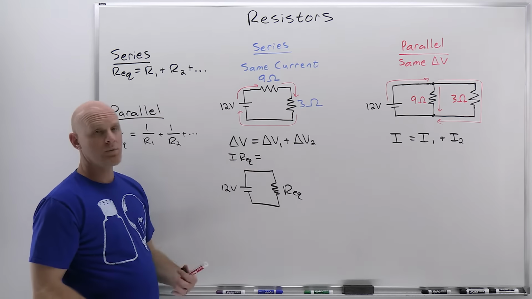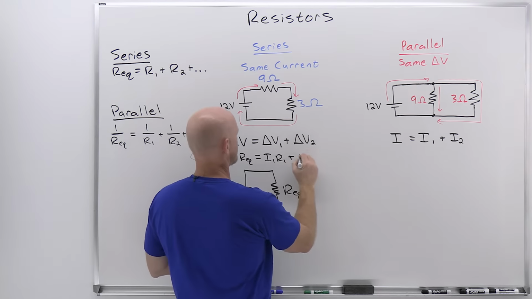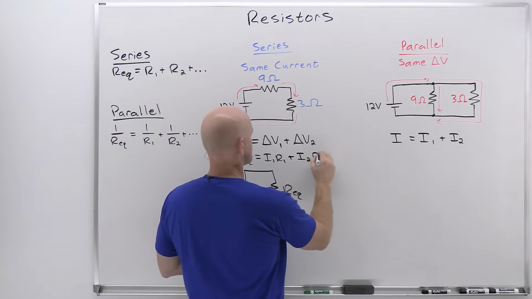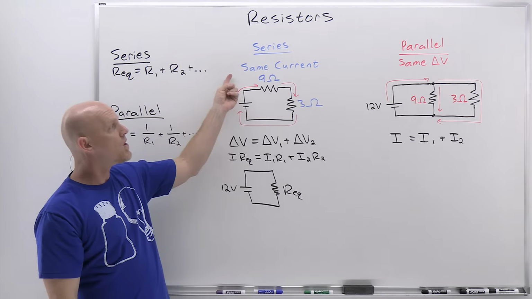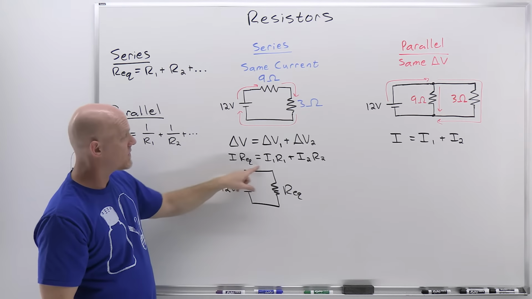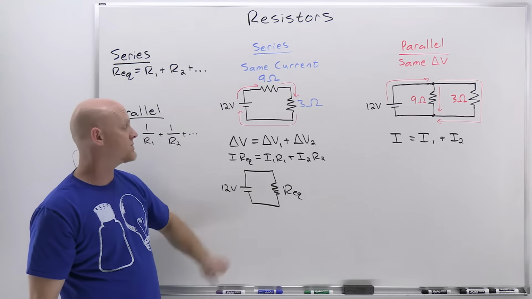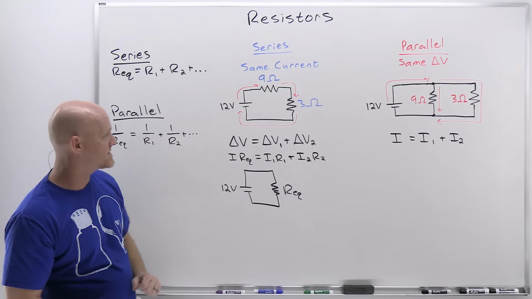For delta V1, we have I1 times R1, and for delta V2, I2 times R2. But we have to remember that there's not two different currents here. It's all the same current flowing through both resistors, or the same current flowing through the equivalent resistance if we envision reducing it down to such a simple circuit.